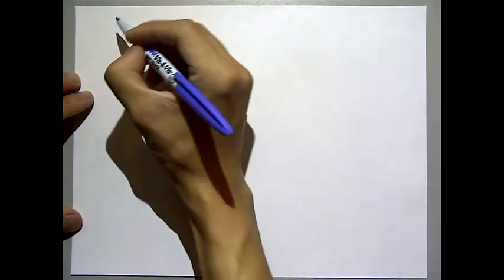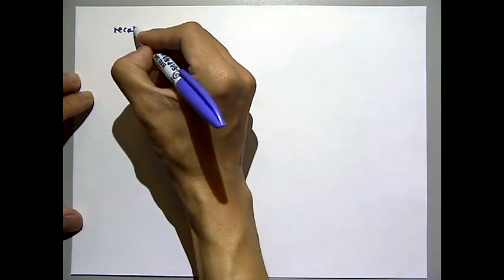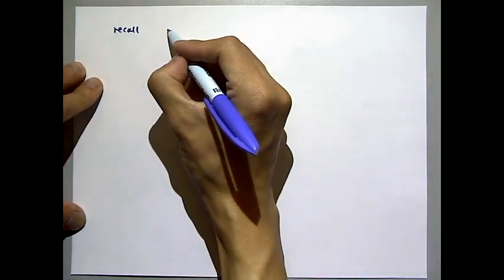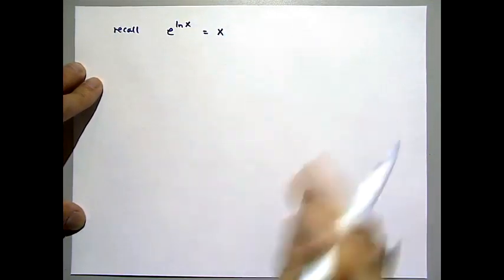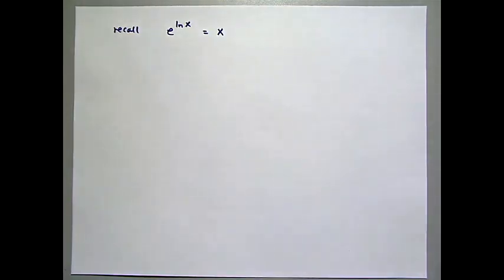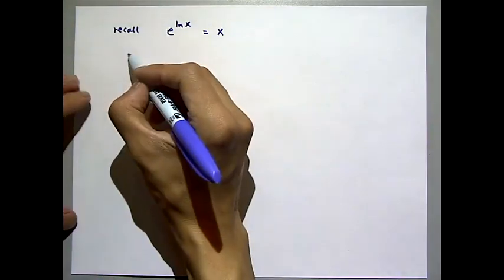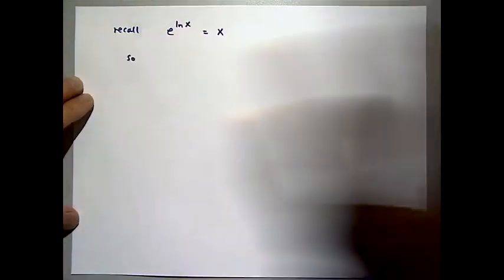So, remember the fundamental property between natural log and e. We know that e raised to the power of ln of x is just going to reduce to x, whatever that x is equal to. If this is true, then I can change x to anything I want.